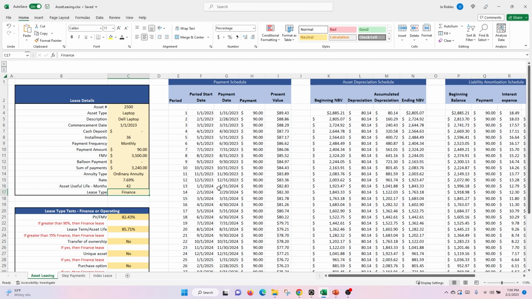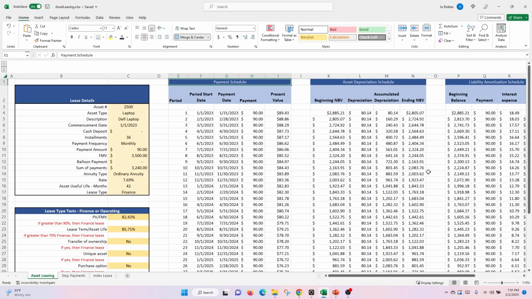We also see that this is a finance lease. We will get to the lease classification in a bit, but just take note of that. It could be either a finance lease or an operating lease according to US GAAP. So with that, let's move over now to the payment schedule.